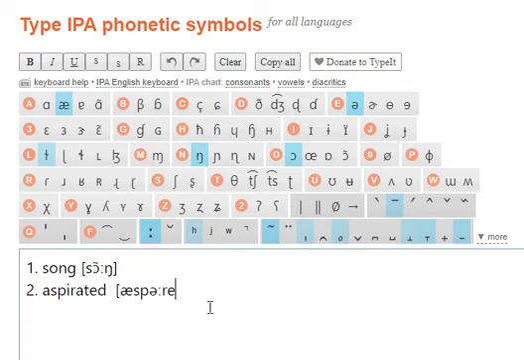So here I need to apply another rule. What is that rule, students? That rule is the flap rule. Why? Because remember that when we have t before or between a stressed and an unstressed vowel, then we have a flap consonant there.